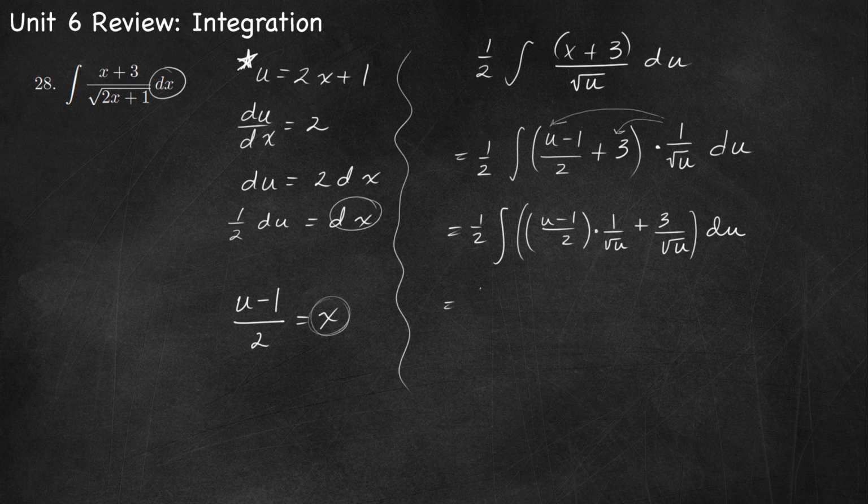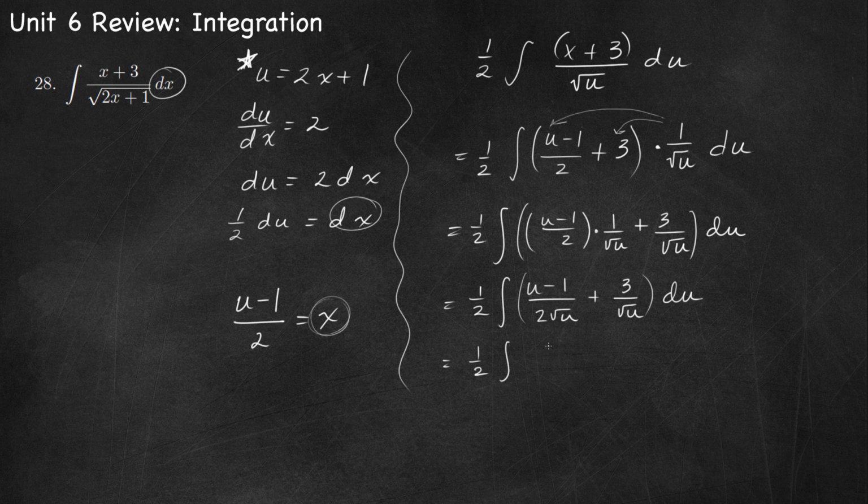Okay, we still have to go further with simplifying because we can't integrate while we still have products and quotients. So from here, I can multiply these first two fractions together. I get u minus 1 over 2 times the square root of u plus 3 over the square root of u du.